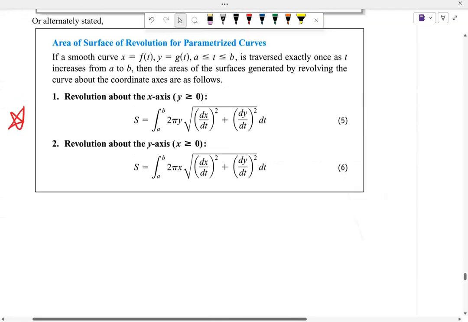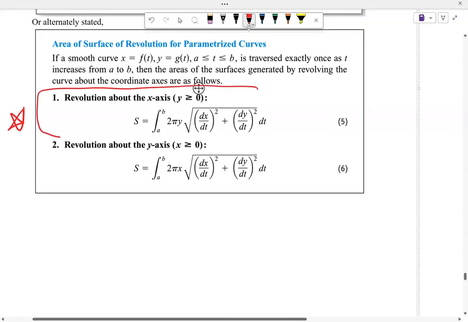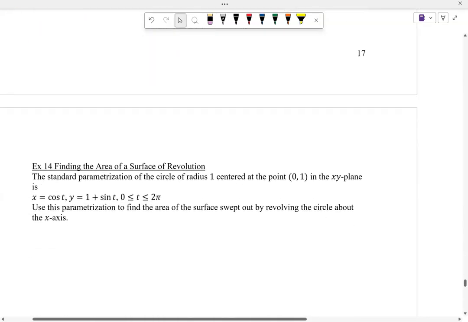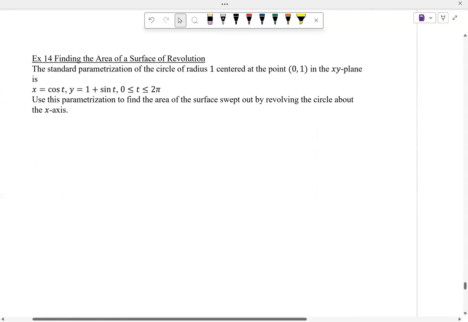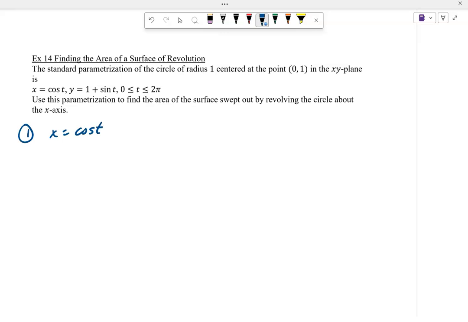And so we're going to use this first one here. I'm going to revolve it about the x-axis. So first of all, we've got x being cosine of t. We're going to need dx/dt and dy/dt.